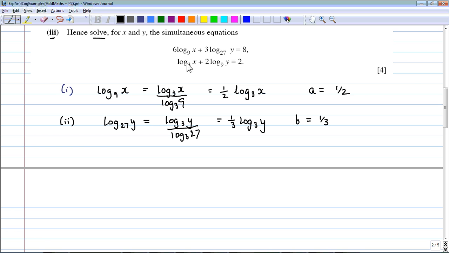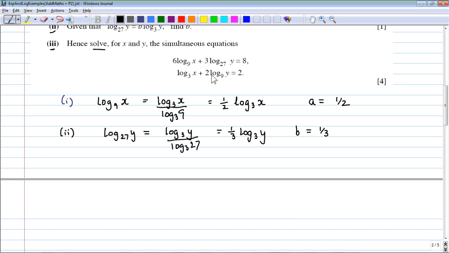And you can see they've already set this up for us. These are simultaneous equations, fine, but we have different bases, 3, 9, 27, 9, and so on. Let me just erase my scribblings there. So we have 3 and 9, and 27 and 9.